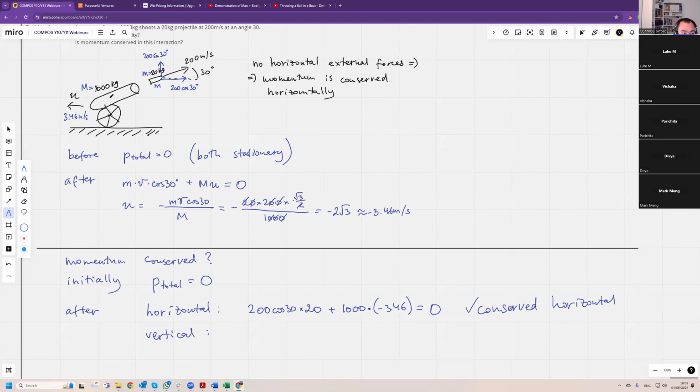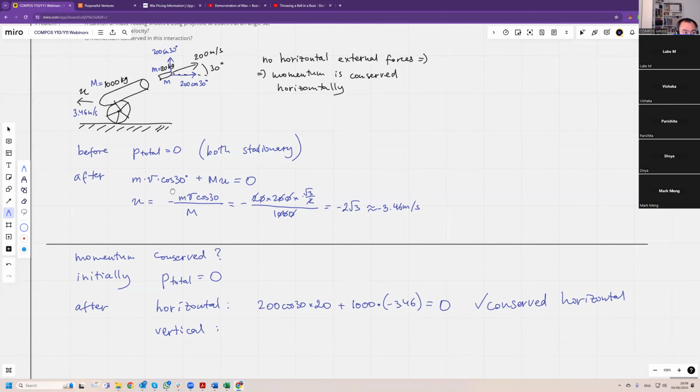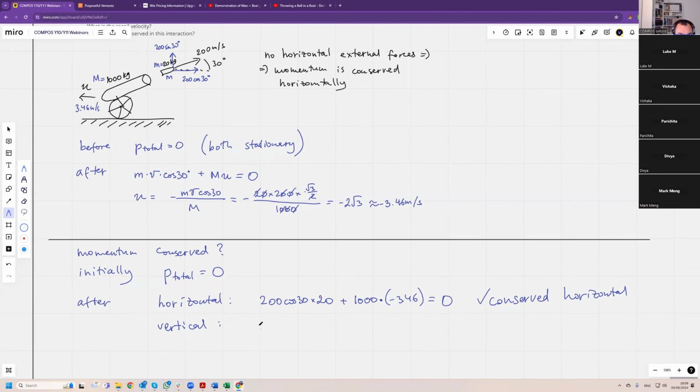Now, vertical. The cannon is not moving vertically, so that's 0. But the projectile is 20 multiplied by 200 multiplied by sin 30, which is 4,000 times a half, that is 2,000 kilogram meters per second.